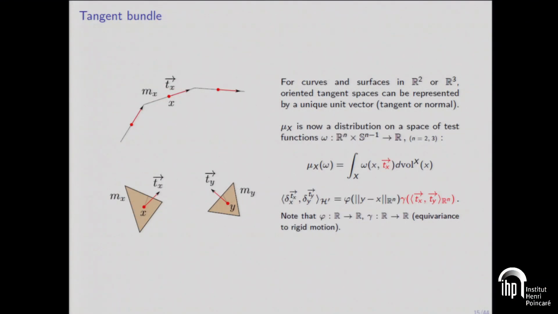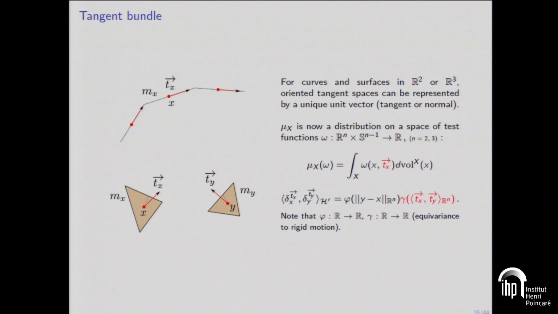Let's consider the simple element of your new Hilbert space of distributions, 2 Diracs, and each Dirac contains a position and a tangent or normal vector here. And so when you do the scalar product, you consider the Euclidean distance between the 2 centers, and you evaluate the angle between these two vectors.